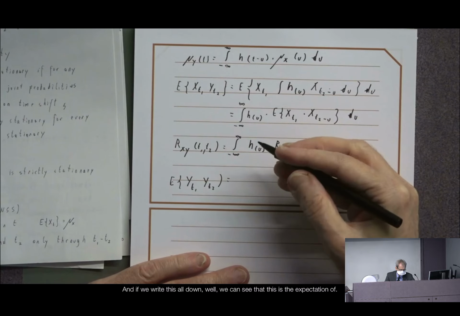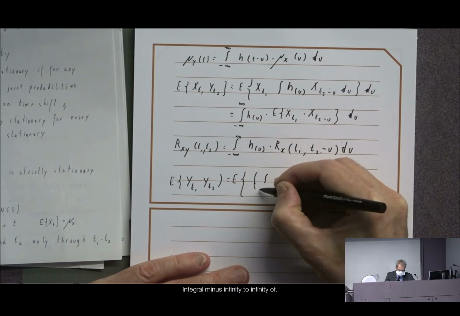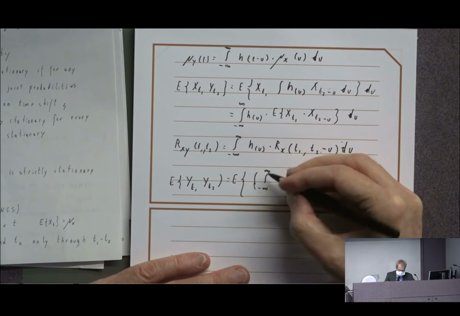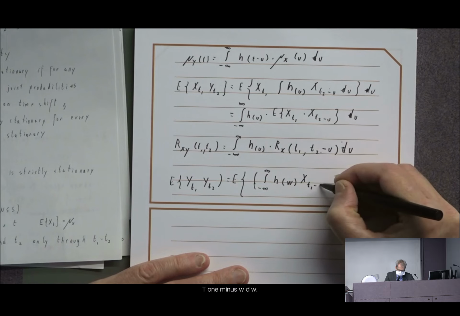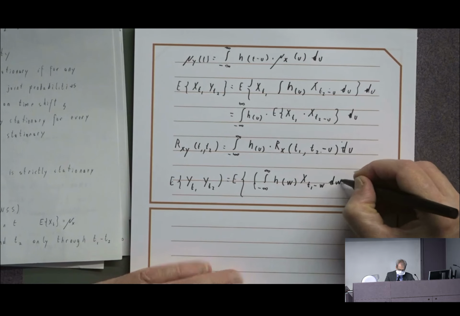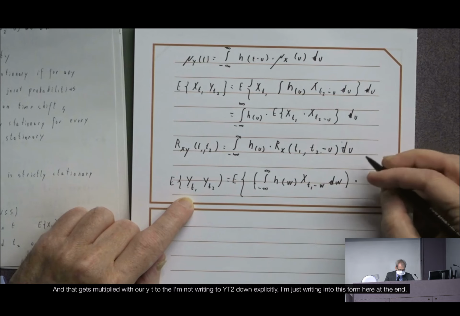If we write this all down, we can say that this is the expectation of the integral from minus infinity to infinity of h(w) x(t1 minus w) dw. This is our y(t1) that we've written down, and that gets multiplied with our y(t2). I'm not writing the y(t2) down explicitly, I'm just writing it in this form here, and we will see in a second why.